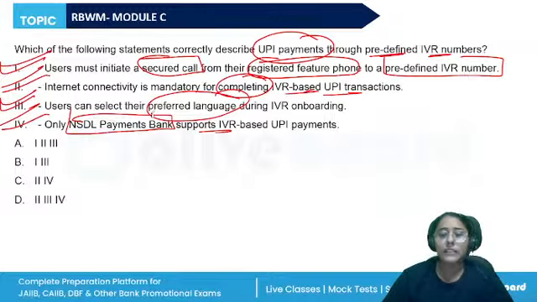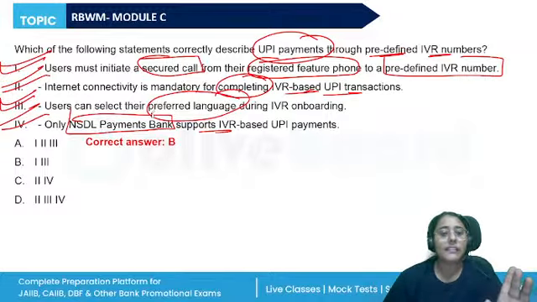So simply, a host of transactions can be done by giving a missed call, right? The customers are required to initiate a secured call from the registered feature phone. A predefined IVR number will be there. They will complete the UPI onboarding formalities. Multiple language options are there. And apart from NSDL Payments Bank, IDFC First Bank and City Union Bank have also gone live on the IVR payment.